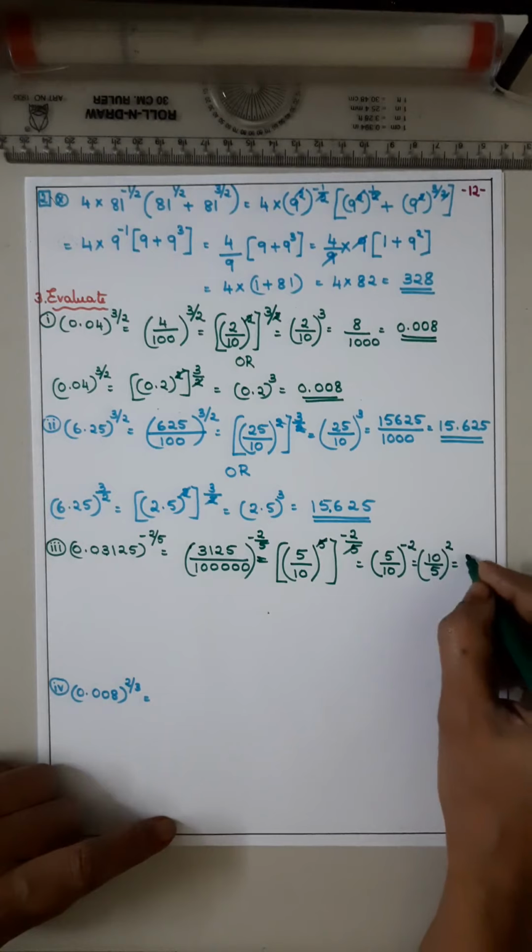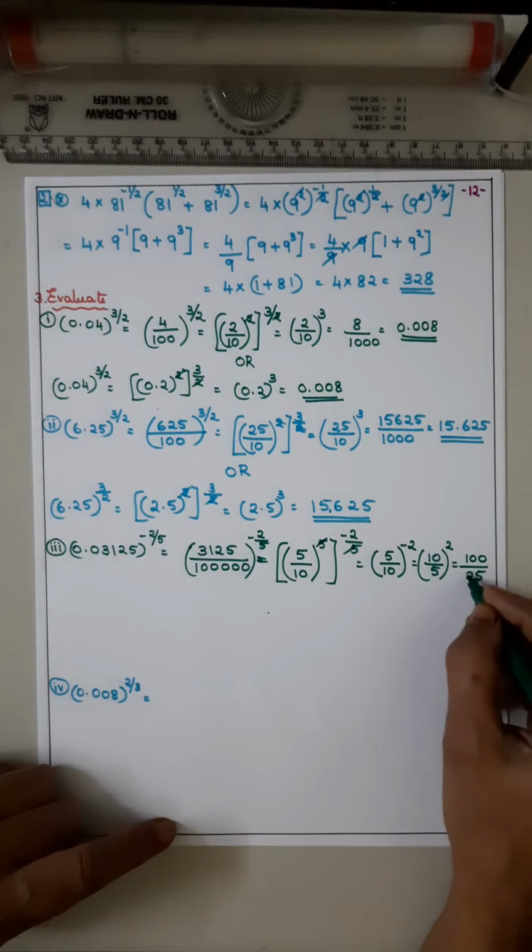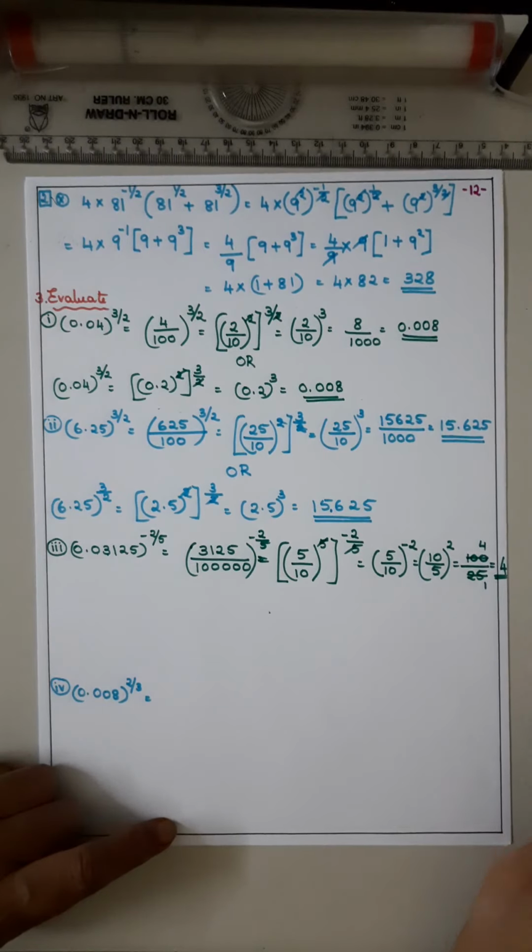That means this is 100, our denominator is 25. 5 squared is 25. 5 ones are, 5 fours are, so the answer is 4.